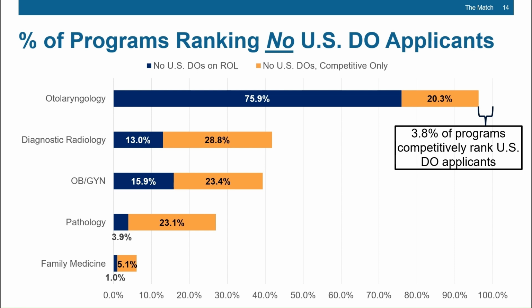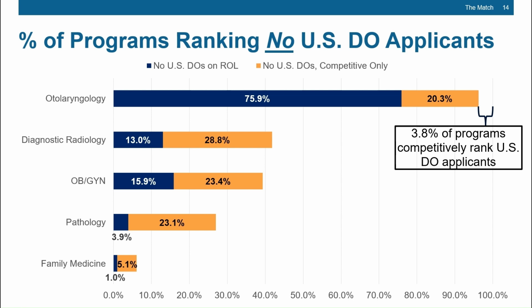As we saw with the only USMD results, with the exception of ODO, most programs in the remaining specialties rank USDOs competitively. In family medicine, 6.1% of programs did not rank any USDOs competitively, while 93.9% of the programs in family medicine did.